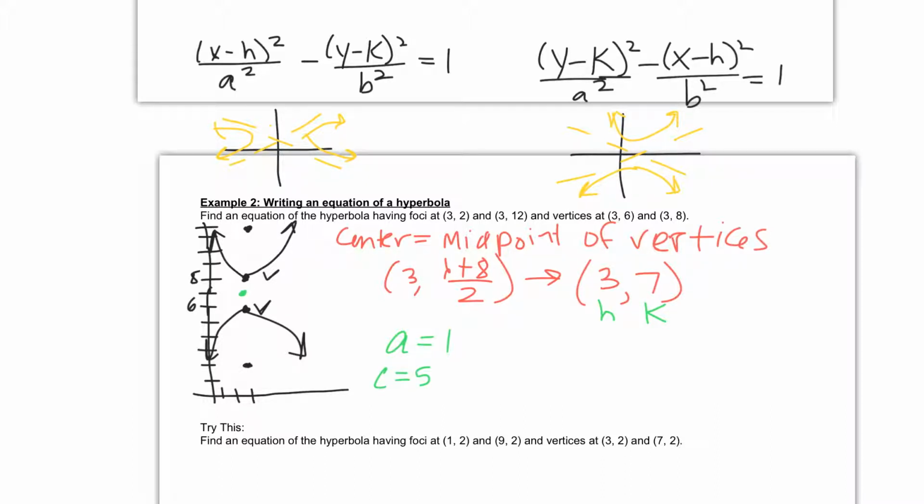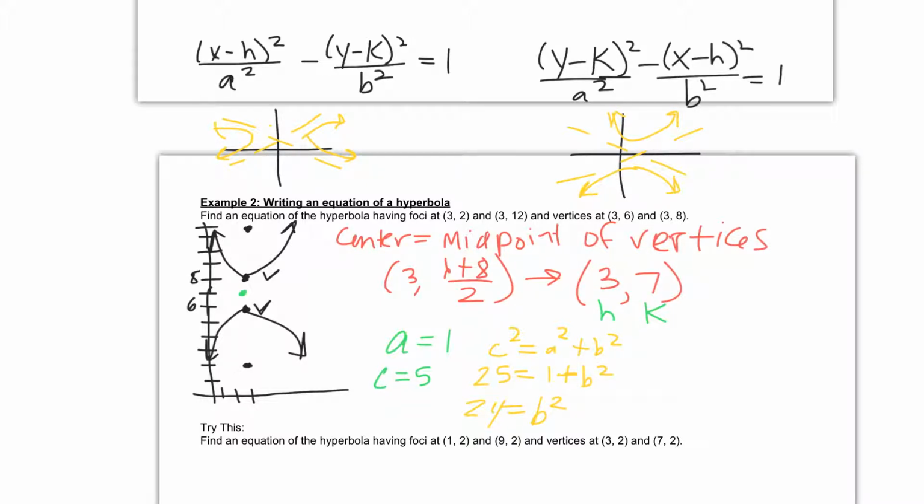I don't necessarily need my c value for my equation, but I can use the c value along with the a value to find b. The relationship is c squared equals a squared plus b squared. So 25 is equal to 1 plus b squared. If I subtract the 1 over, b squared is equal to 24. And now I have what I need to write my equation.